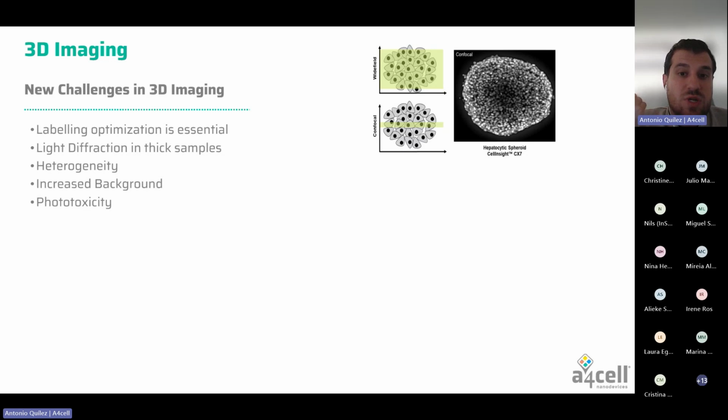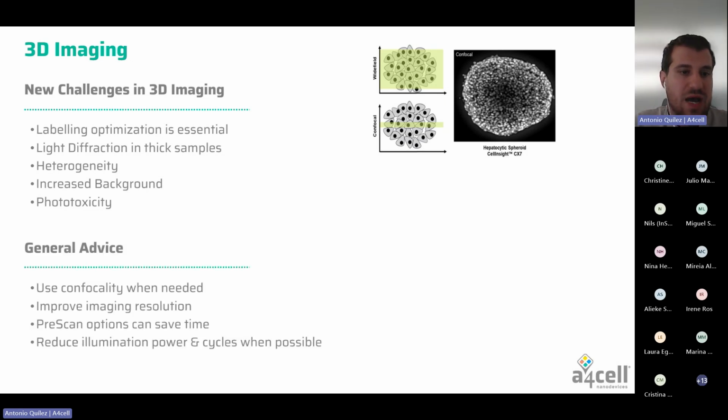But also it's important to know how large our sample is, because there's going to be some light diffraction in thick samples, some heterogeneity, and also increased background. And also phototoxicity to the cells can happen, because we are going to be intensively imaging and applying illumination pulses to our samples that require a lot of energy to be transferred to the cells.